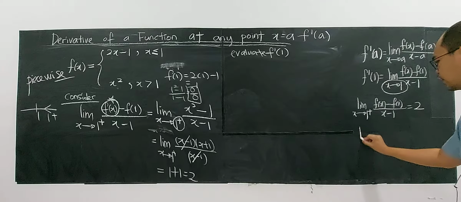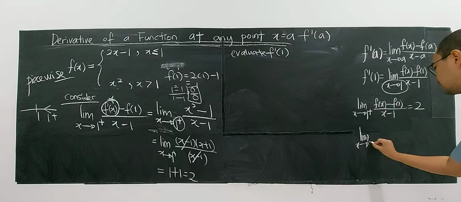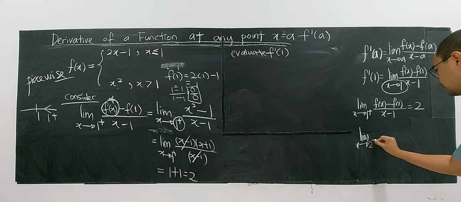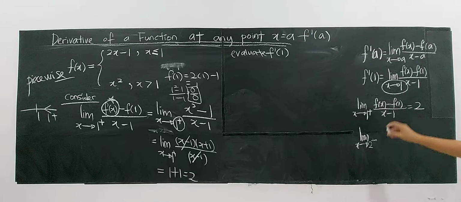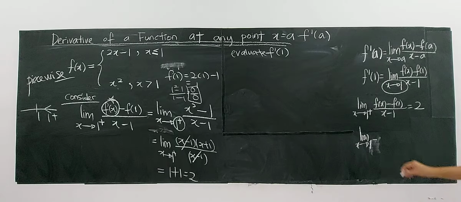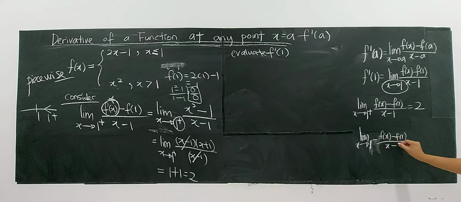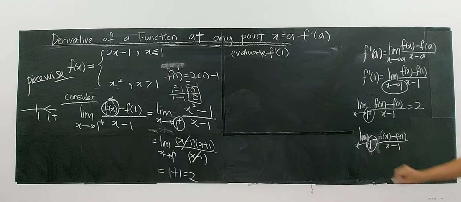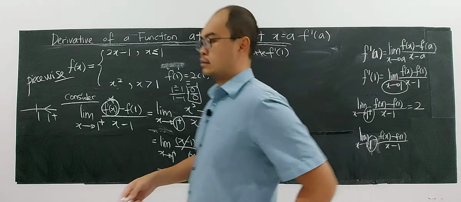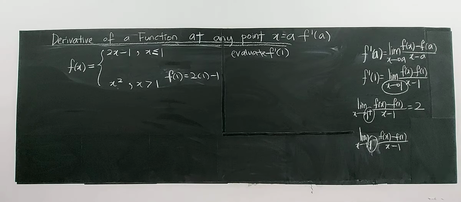Now we're going to evaluate the limit of this function from the left, which is f(x) minus f(1) over x minus 1. Now we consider the limit as x approaches 1 from the left.